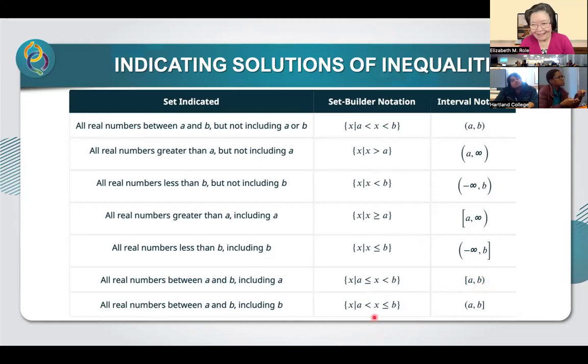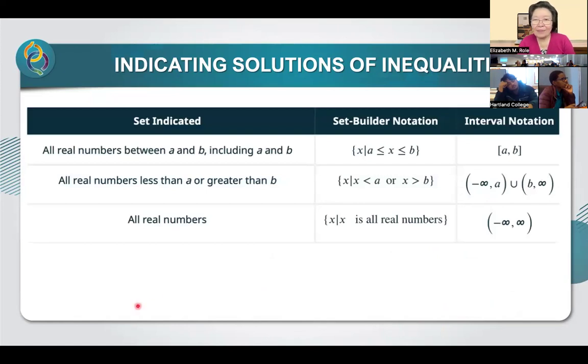Just the same here, because b is included but a is not, parenthesis, bracket. And when a and b are both included in that interval, we use brackets for both. If we're using or, then we use union. Although we're just making ourselves familiar with some of the notations. If you're dealing with all real numbers, then it will just be negative infinity to positive infinity. So these are some ways of expressing solutions of inequalities.